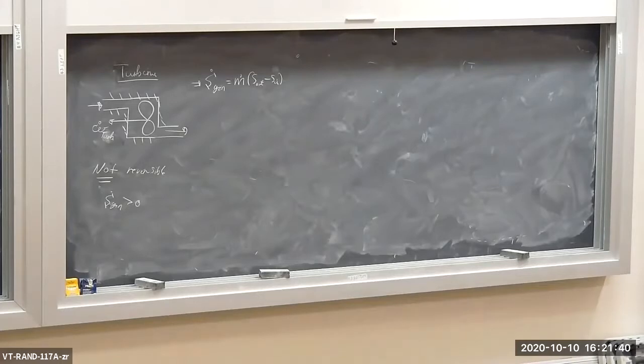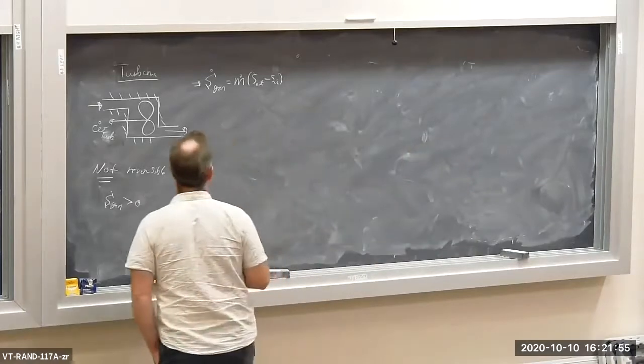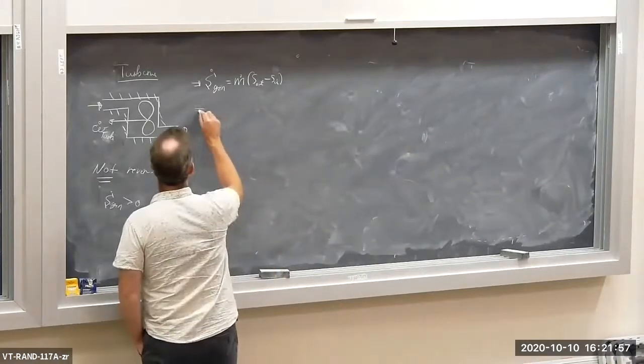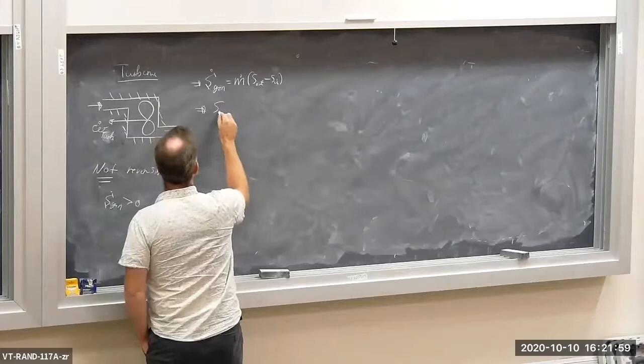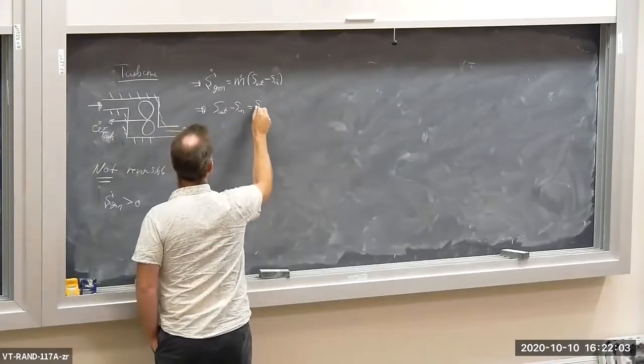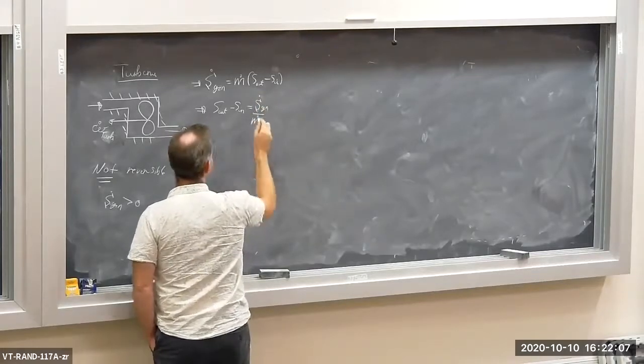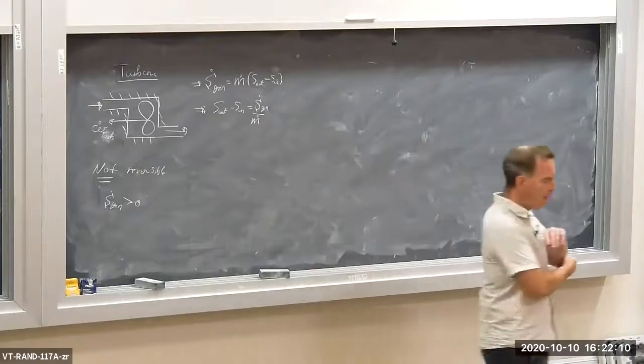If it's a steady flow device, the dS CV dt goes away. It's a single inlet, single outlet, so the summations go away on the m dot S terms. You take the S dot gen, you put it over on the left-hand side, and you get m dot times S out minus S in. Or if you like, S out minus S in is equal to S dot gen over the mass flow rate for the working fluid. Okay?